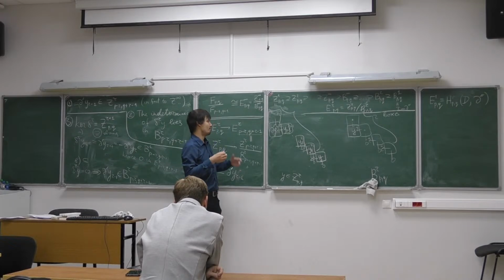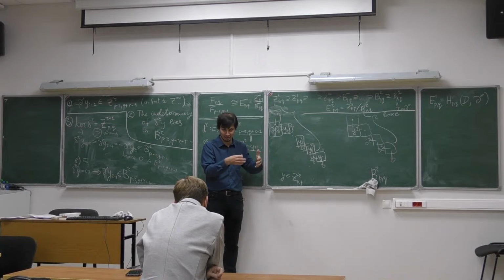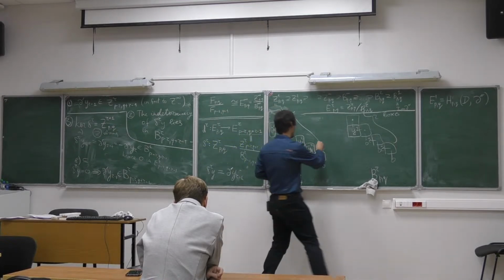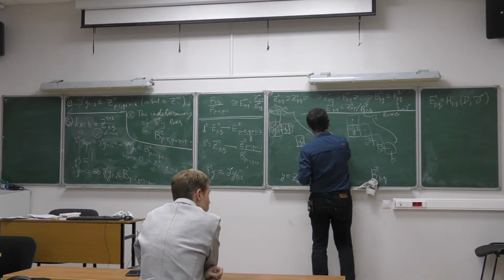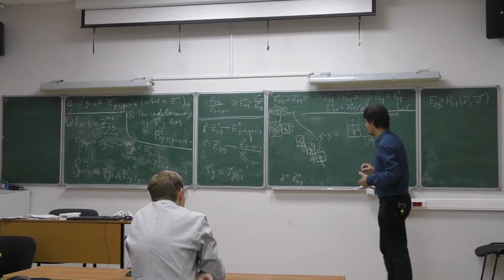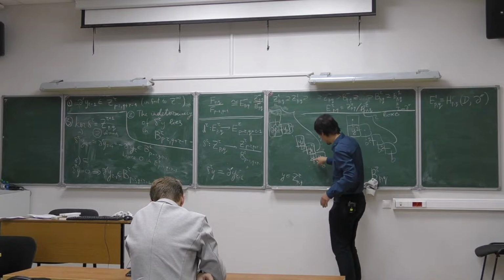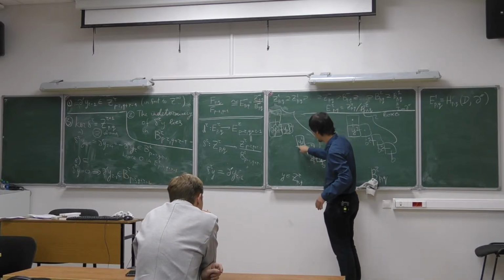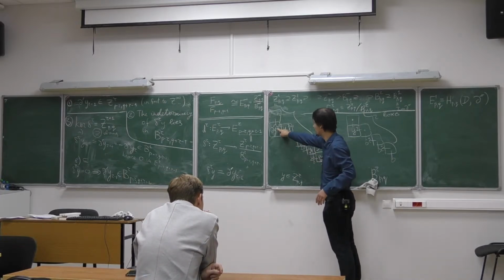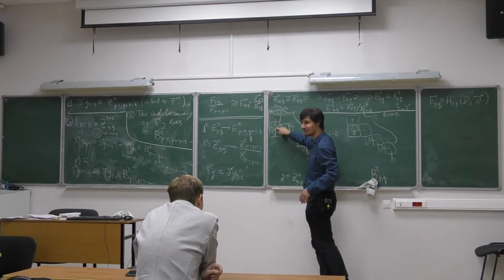But now let us change these y's by z's. We choose another sequence. We choose y i primes, y i minus z i. Then they again satisfy the condition that we have zeros in all these points. But what we have here? We cannot do the same trick here.